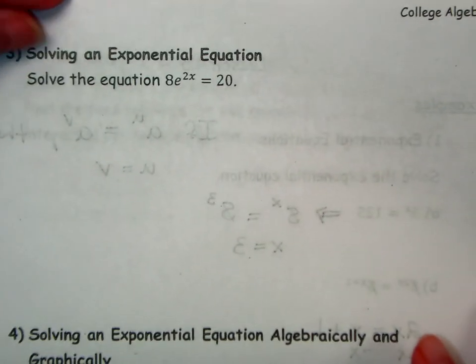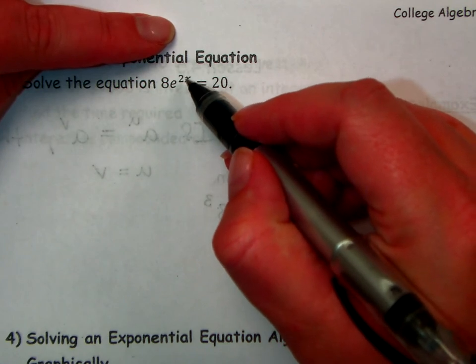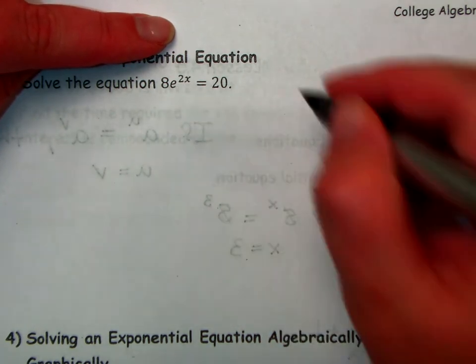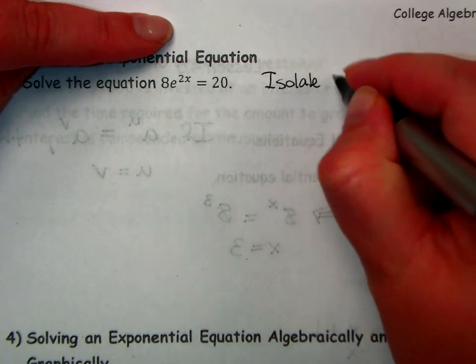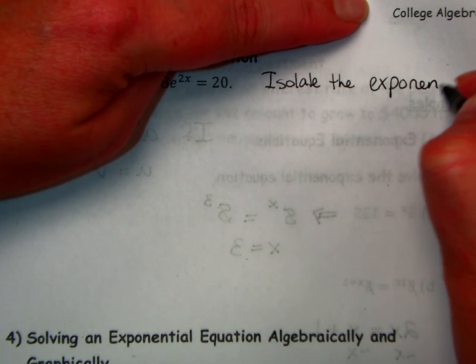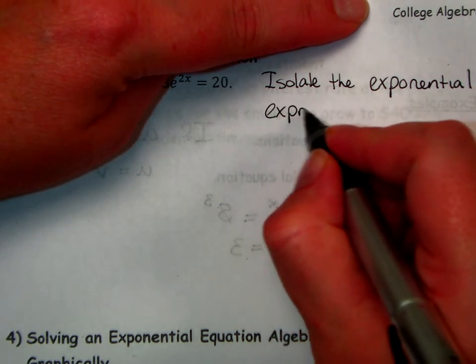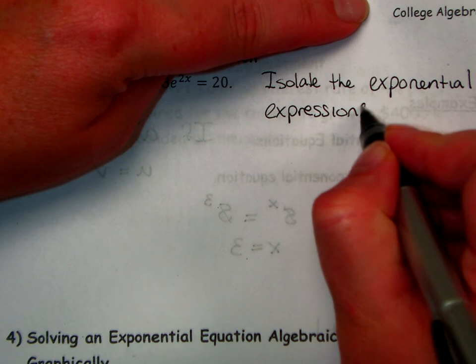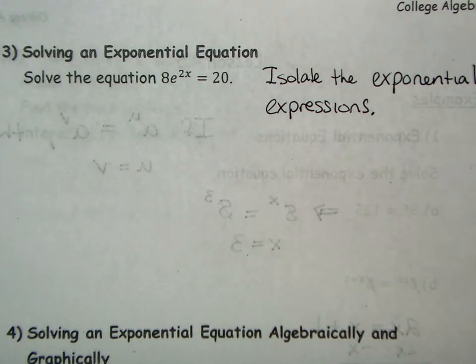So what we're always going to do first, before we tackle this exponential part of the equation, is isolate the exponential expression. Which means we want to get the e to the 2x part of the equation by itself.